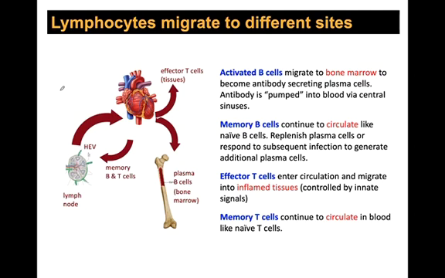Or is it the effector T cells do their function, they clear the pathogen, and then a few of them convert into memory? Like, when is the conversion into memory? When does that happen? So there is a point, and I'm glad you asked this, because this hasn't been a clear answer in immunology.